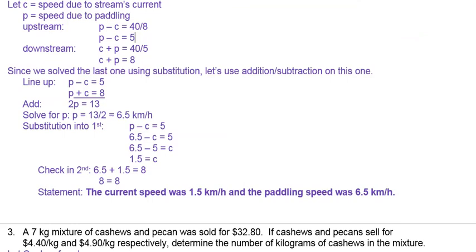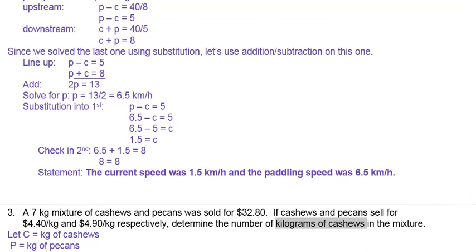Okay, so the last one that we're going to look at, we've got another one where we're looking at two kinds of totals. So we've got a mixture of two things, that should be plural, and we're told the total that they're sold for. So the two things we don't know, kilograms of each of these substances, so kilograms of cashews and kilograms of pecans.